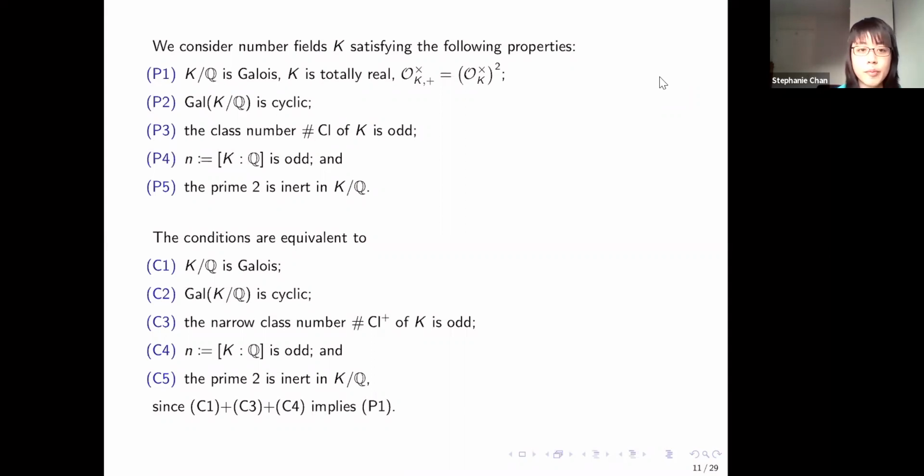I've just replaced P1 and P3 by C1 and C3, and the remaining ones are the same. You can show that these two sets of conditions are equivalent.